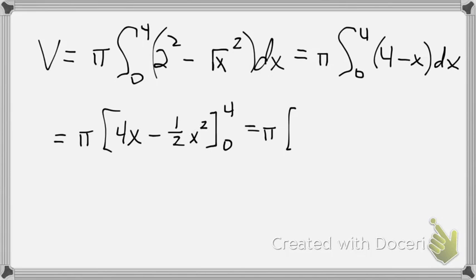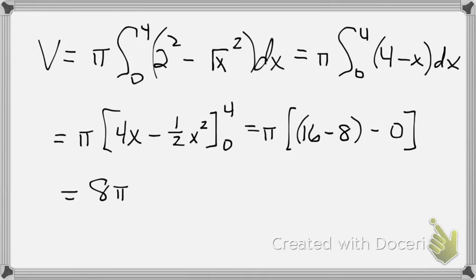So that's a pi out front, and that's going to be 16 minus half of 16, which is 8. And then if I plug in 0, the whole back half zeroes out, right? So we wind up with 8 pi cubic units.